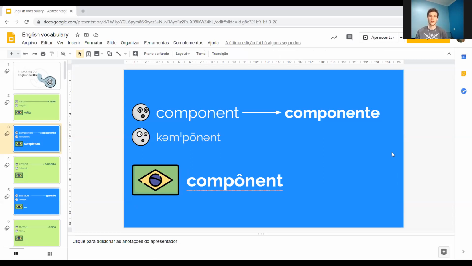So this would be component, without the T. It's not wrong to say the T, but it's not so common for an American to pronounce it.